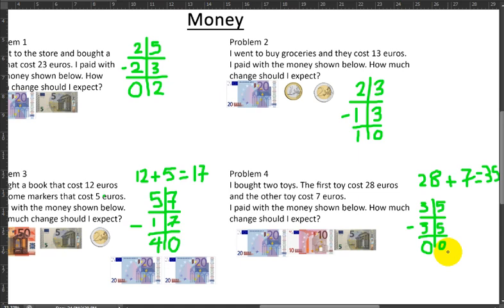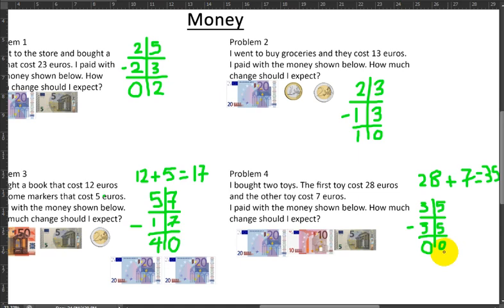Think about that. Why? If you have 35 markers, and I take all 35 from you, that means you are left with 0 markers. So whenever I subtract a number from itself, it's always 0.